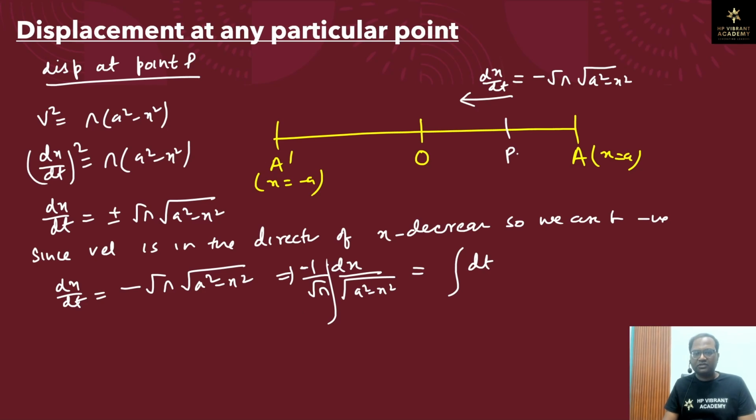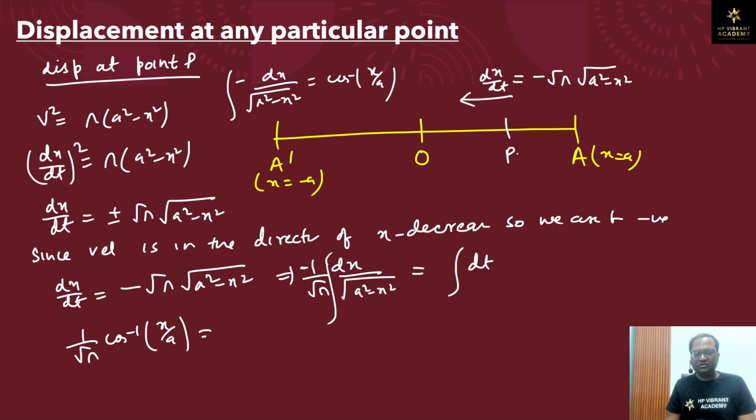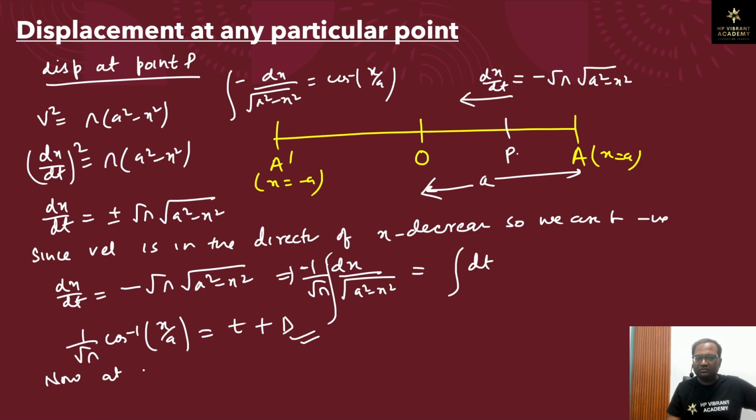Okay, so let us integrate this. On integrating, dx upon root under a square minus x square, with the minus sign, is equal to cos inverse of x upon a. So we have 1 upon root mu cos inverse of x upon a is equal to t plus a constant of integration d. Let us put the limits.